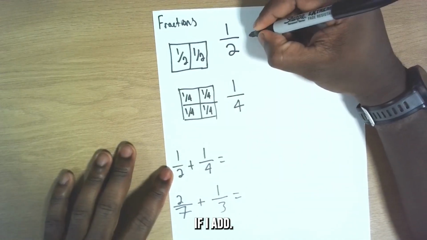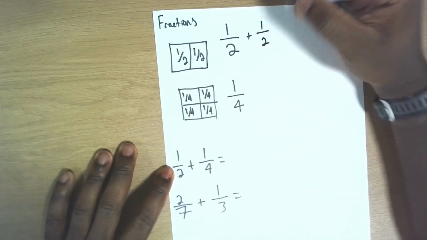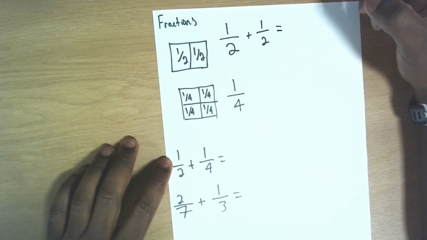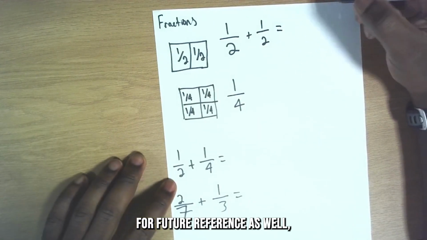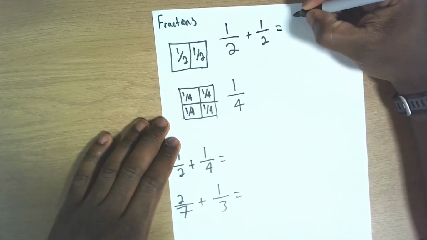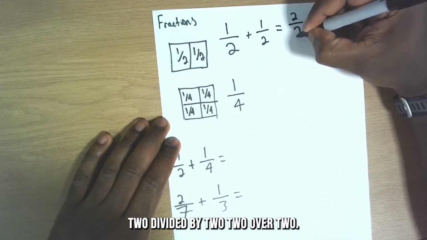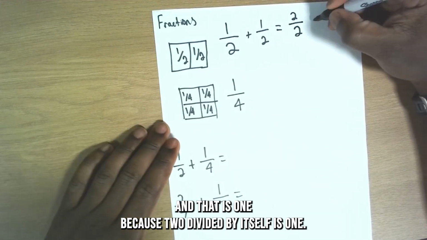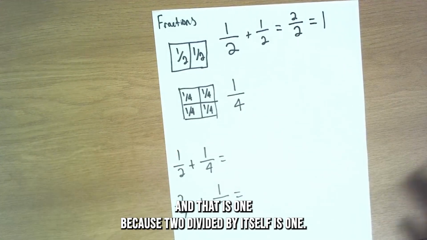If I add the two halves together at the top, for future reference as well, you can add fractions together with the same denominator. So you'll be left with 2 divided by 2, 2 over 2, and that is 1 because 2 divided by itself is 1.